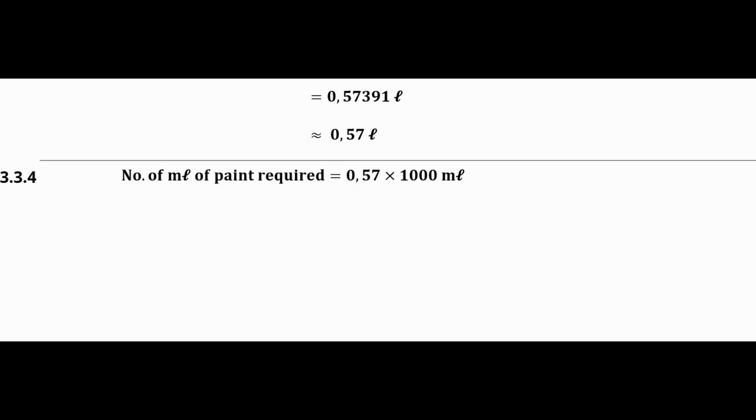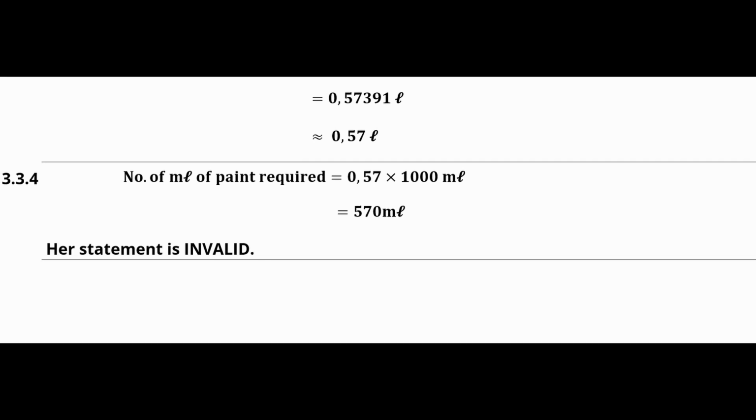So the number of milliliters required to paint the backboard completely is 0,57 multiplied by 1000 milliliters, and this equals a volume of 570 milliliters. We see that the number of milliliters of paint required is more than a 500 milliliter can of paint, so the statement is invalid.